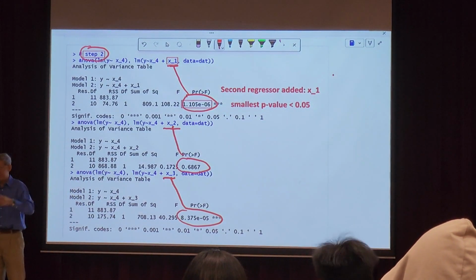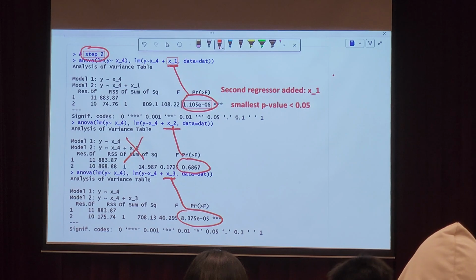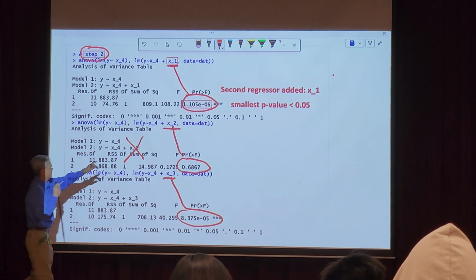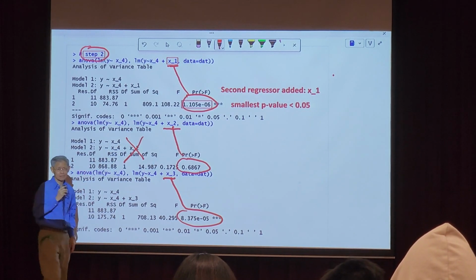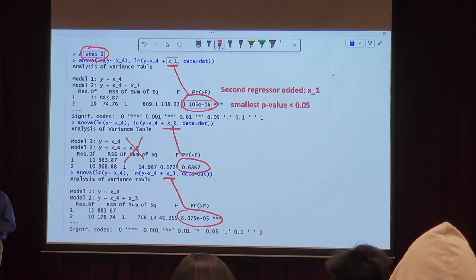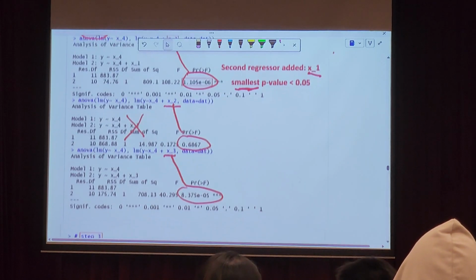So x2 definitely out. So I'm left with 2 where the p-values are less than 0.05. So I choose the one that is smaller. The one that is smaller is x1. So I choose the second regressor as x1 because it's the smallest. Okay? You got it? Now let's go to step 3.